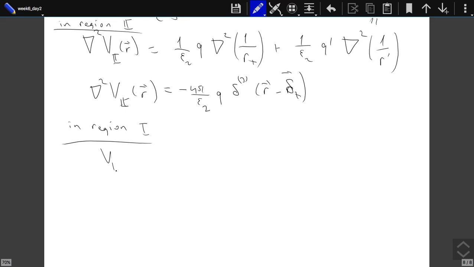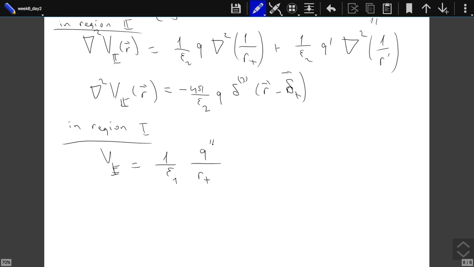In region 1, V1 will be 1 over epsilon 1 Q over R plus. Because R plus, what I call R plus, is my distance from the Q charge that I put over there. Plus Q double prime, of course.